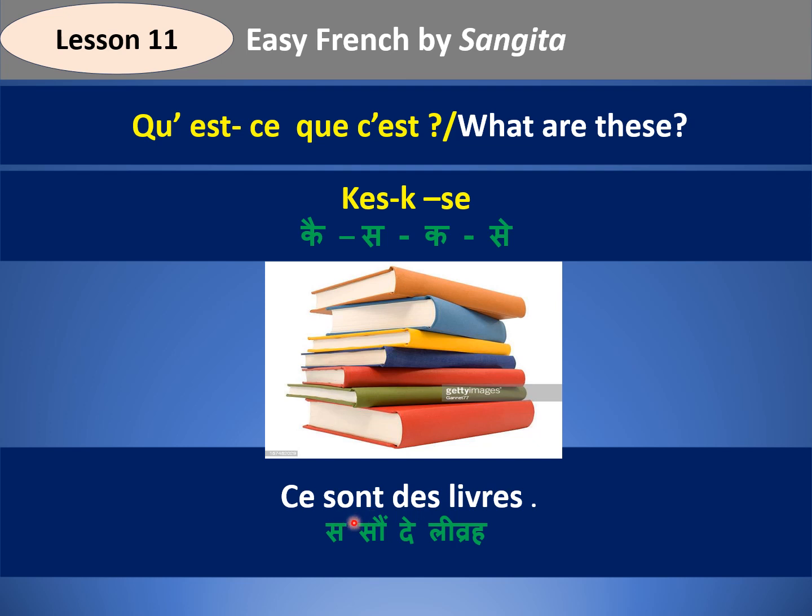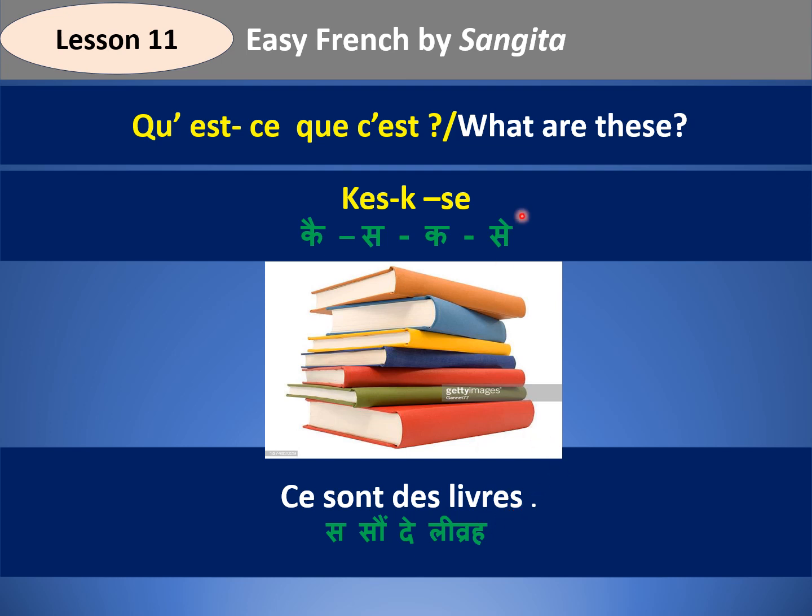Your verb être will change to sont. Instead of c'est un, now this will become ce sont des livres. And livre, you have to put an s to make it plural. Okay, so ce sont des livres means these are some books.